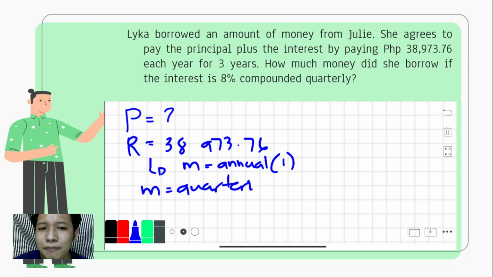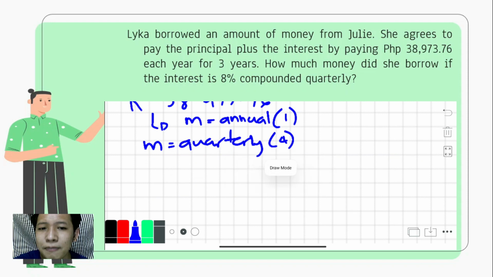So quarterly, that's 4. Okay? And yung sinasabi dyan na 8% would be what? That would be I raised to 4 kasi quarterly. Okay po? And if we're going to convert it into decimal, we move the decimal point 2 decimal places to the left. That's 0.08.